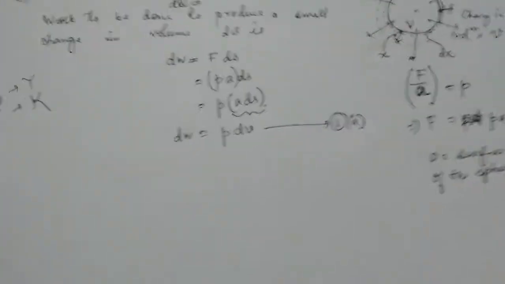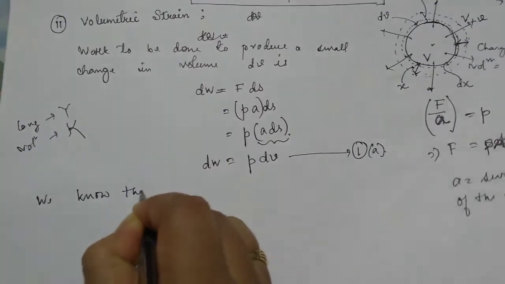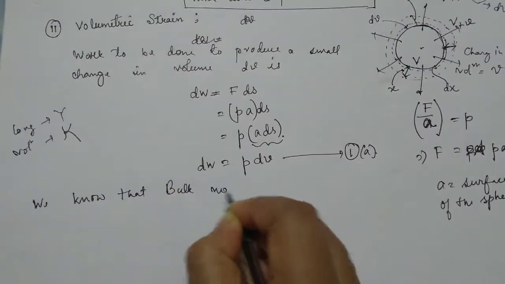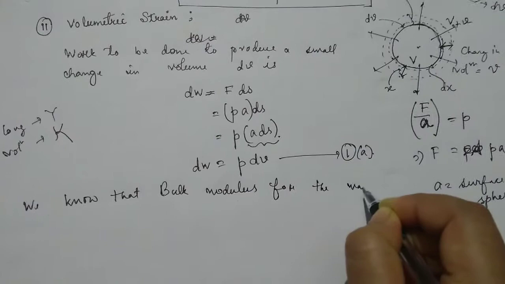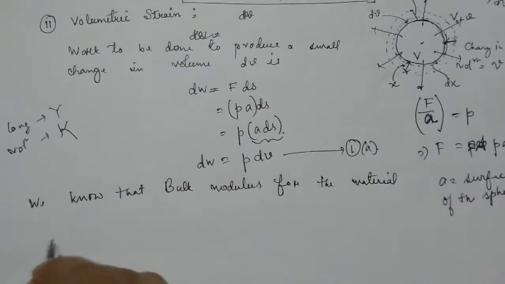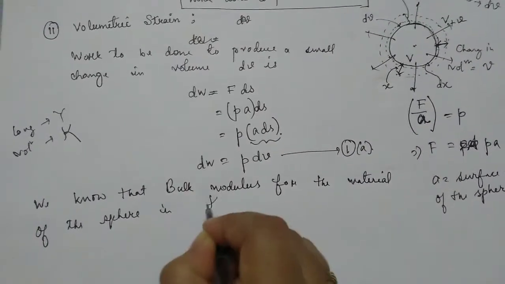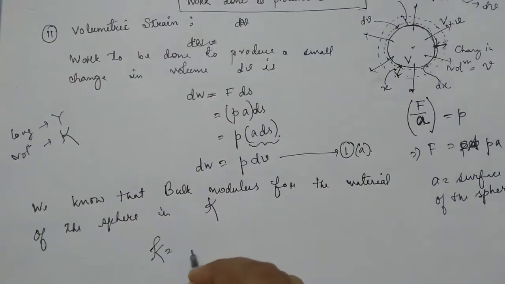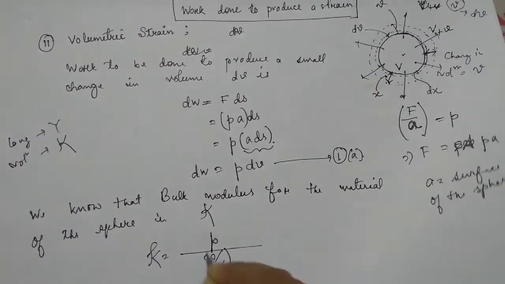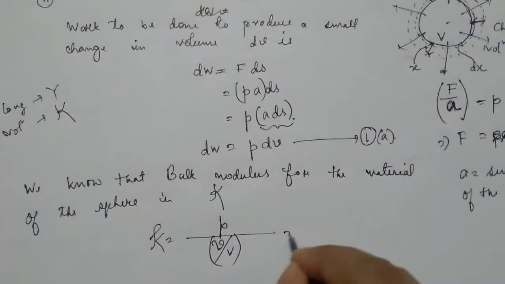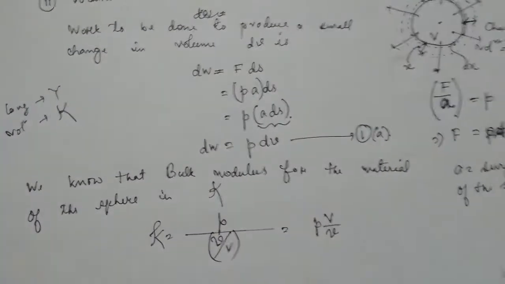We know that the bulk modulus for the material of the sphere is K or kappa. It is equal to pressure divided by volumetric strain, so we can write it as P capital V by small v.